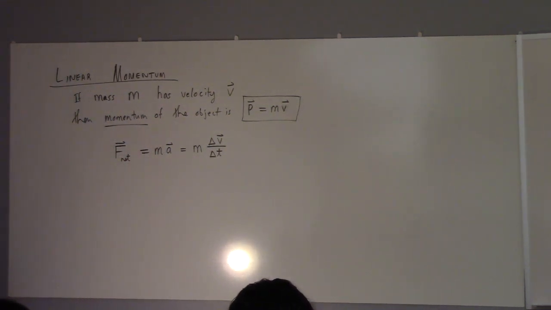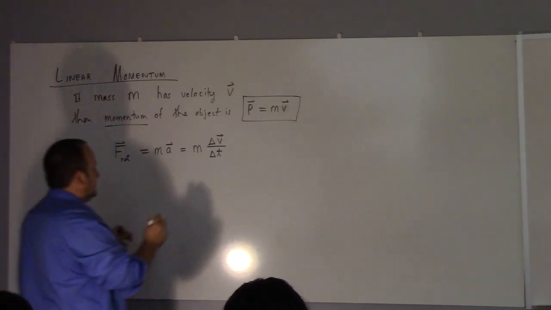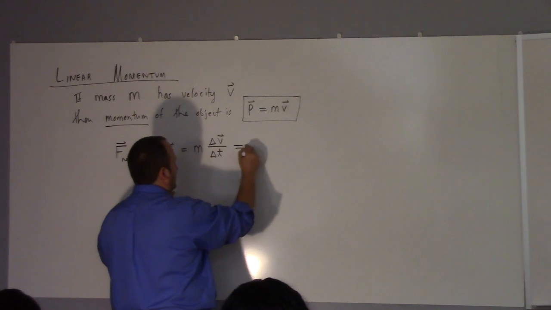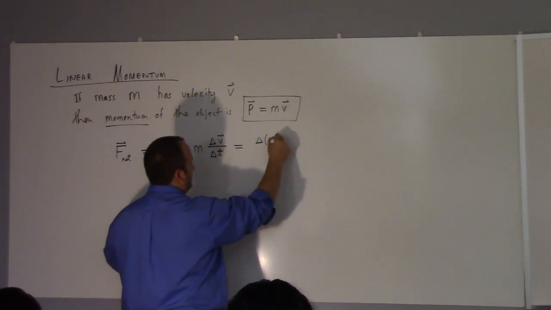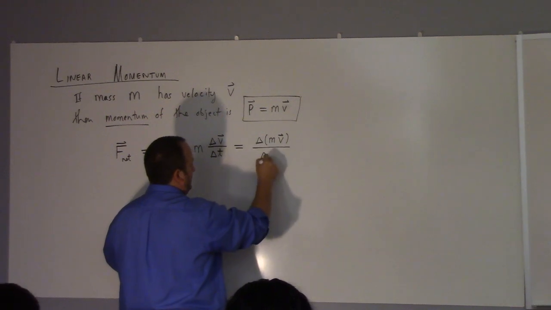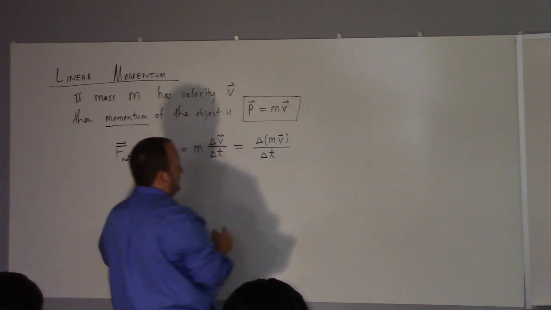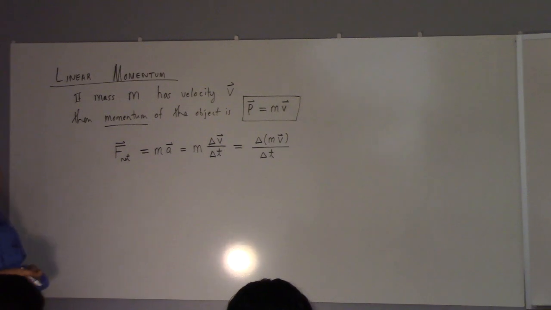Change in velocity over change in time is the acceleration. Now, if the mass is constant, I can rewrite this as the change in the mass times the velocity divided by the change in time. All right? So, but what's mass times velocity?